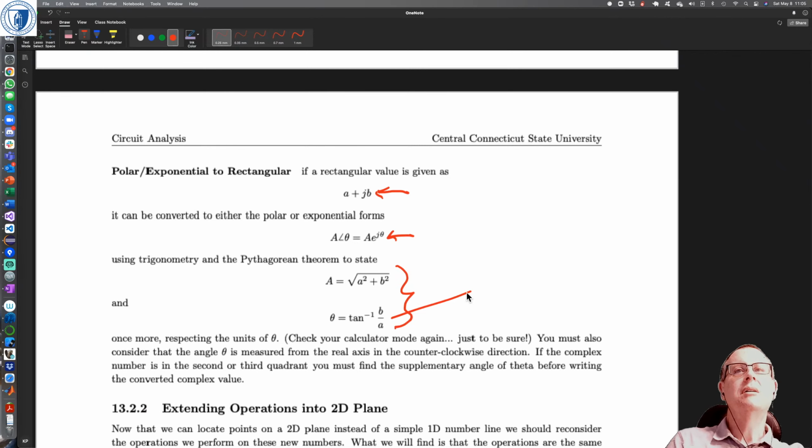But remember that arctan, or tan inverse, tan to the minus 1, usually only works in the first and fourth quadrants. It doesn't work correctly in the second and third quadrant. So you've got to add something to the answer you get for theta if you're just using the one argument arctan function.